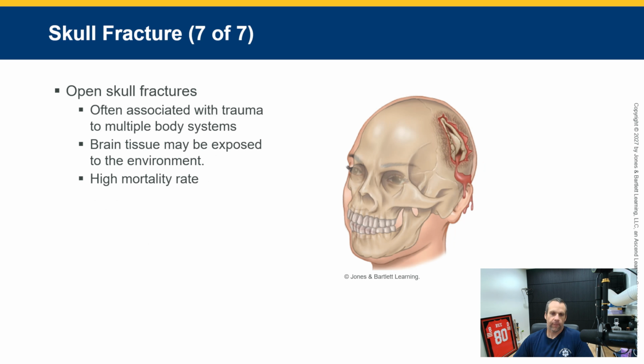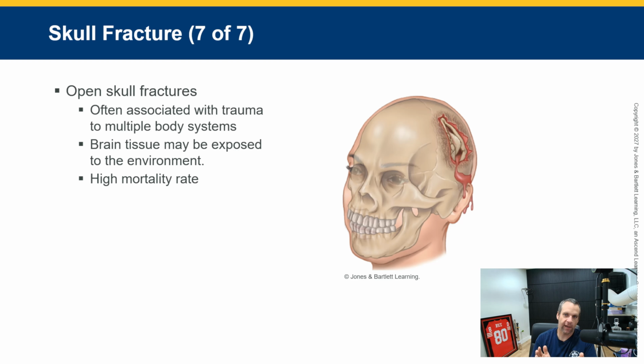So let's go deeper into open skull fractures. This is when the skull itself has been breached, so there is a pathway into the cranial cavity. These are usually also a blunt or penetrating trauma. The issue is that you're exposing the meninges and brain tissue. Not only is that bad for the brain itself, but you also have contamination and infection risk.